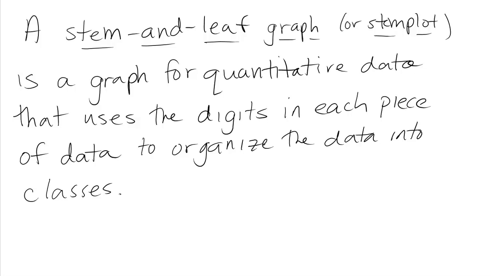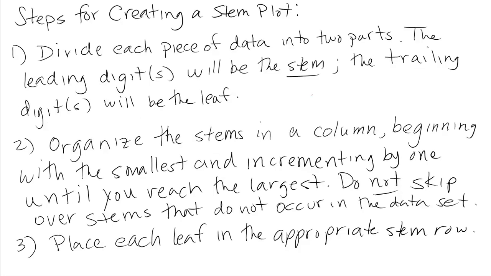So how do you create a stem and leaf graph? It's kind of a three-step process. First, we're going to imagine mentally dividing each piece of data into two parts. So I'm going to do this for a simple example. Suppose I had a number like 58, a two-digit number.